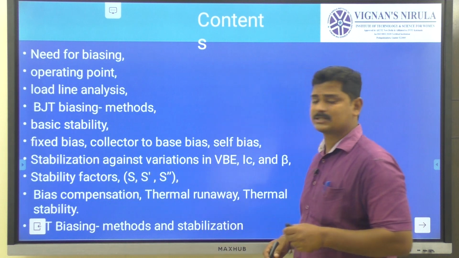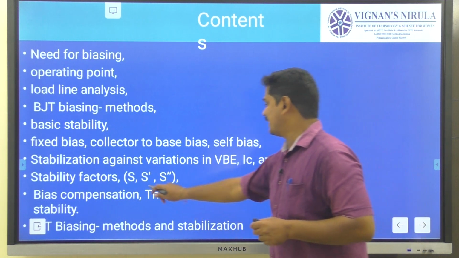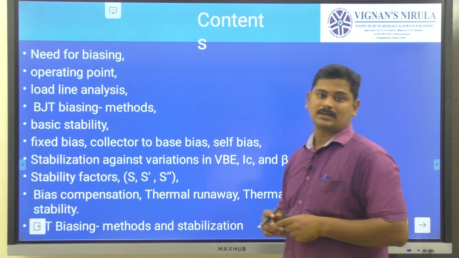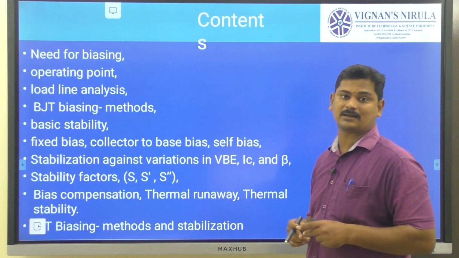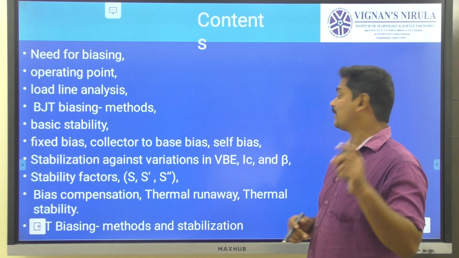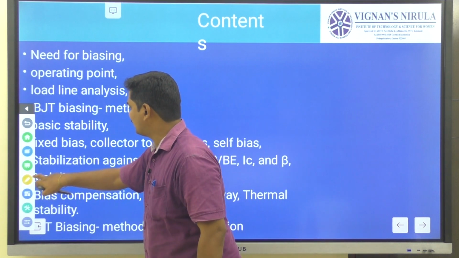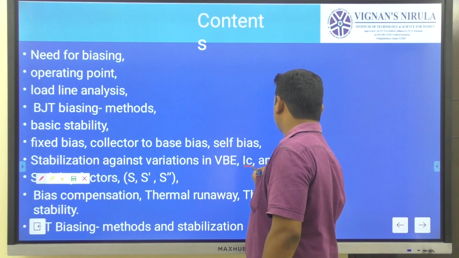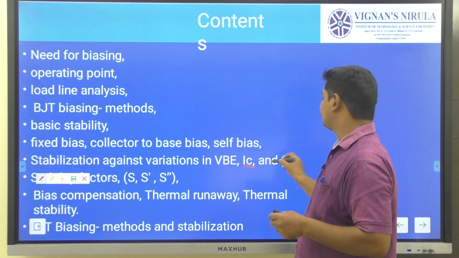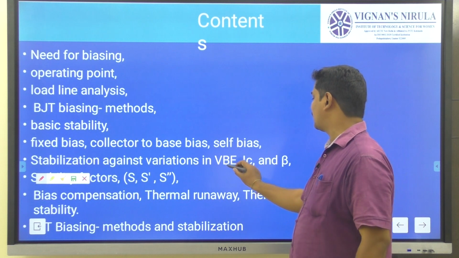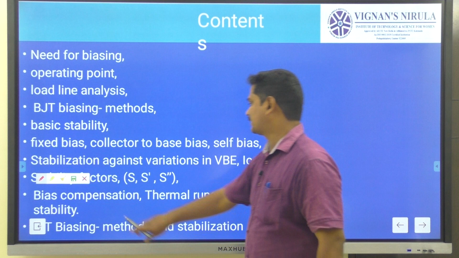There are three types of stability factors: S, S dash and S double dash. These are nothing but the variation of the collector current with respect to beta, ICO, that is the reverse saturation current, and VBE, which gives the stabilization factor.